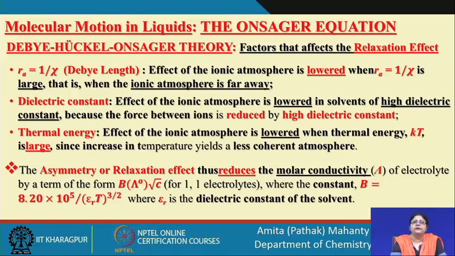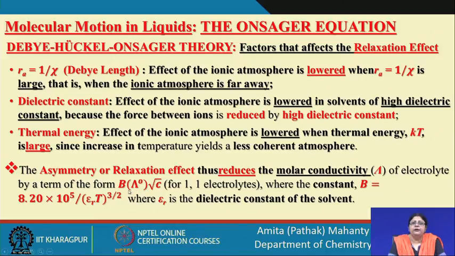Suppose it is only because of the relaxation effect, then how do we formulate the relation? B is the effect generated because of the relaxation effect, and when related to the molar conductivity, it should be something like this.